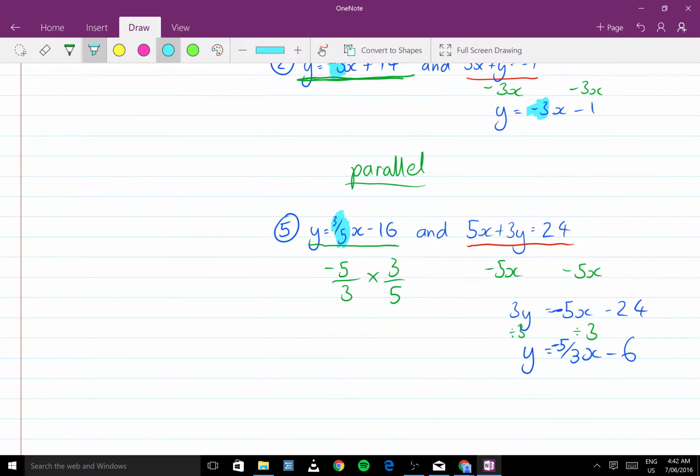All I'm doing is I'm taking this one, the blue number, and this one, the yellow number, and I'm timesing them together, and I get, top times top, minus 15, bottom times bottom, 15. And that simplifies to -1. So they are perpendicular.